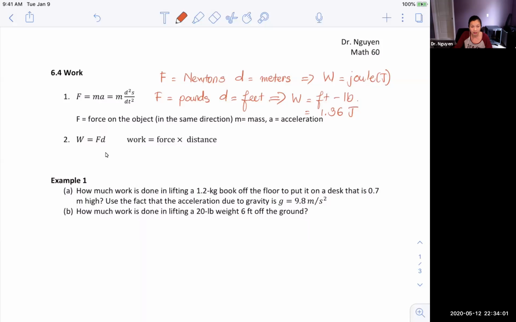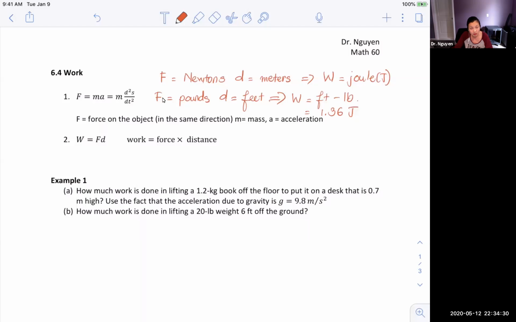So the work here is force times the distance. Be careful with the unit. So I put the unit here for you. If the force is in newtons and d is in meters, then the work is going to be in newtons times meters, which is joules.